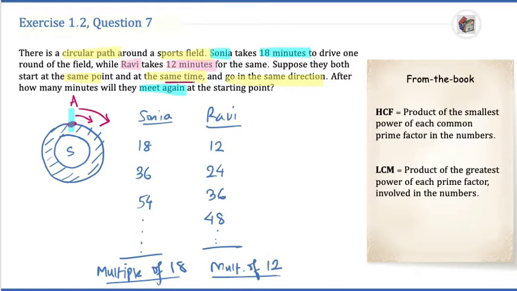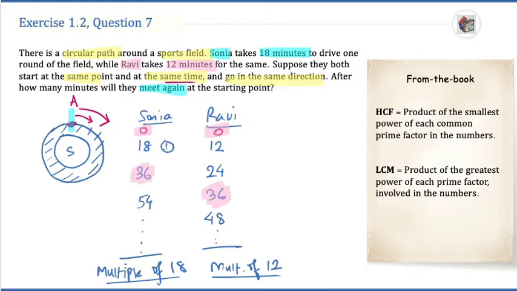Now what you want here is that both of them should reach A at the same time. Now think about it. Both of them had the same beginning, say 0 minutes and 0 minutes. 0 minutes is signifying the beginning. Then after that, when again did they have the same time? This was one spot. The next time you will see here in the lists, it was here at 36 minutes, which means that Sonia will have completed 2 rounds.